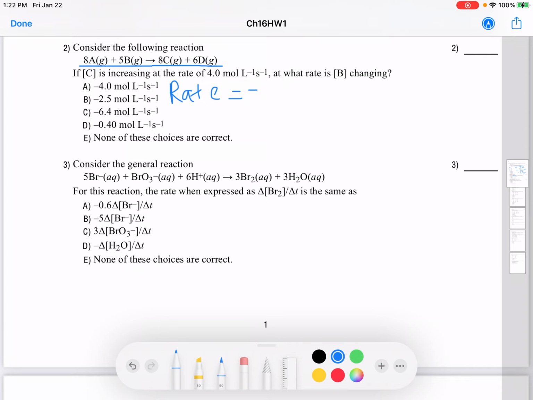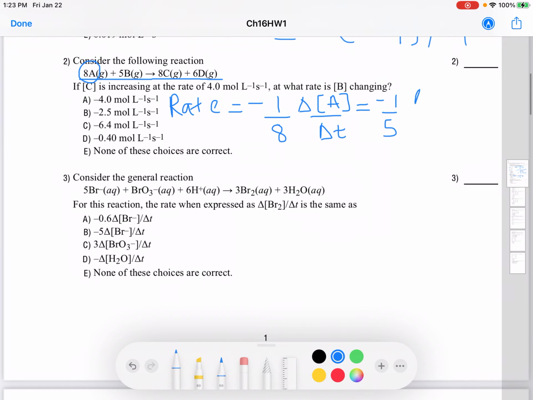And when you write it for A, remember the coefficient goes to your denominator: negative 1 over 8 delta A over delta t, which is also similar to the rate of disappearance of B, which is again negative since it's a reactant, and the coefficient 5 goes to the denominator, 1 over 5 delta B over delta t, which is also similar to the rate of appearance of C and D.